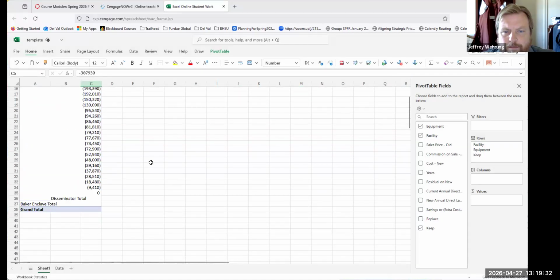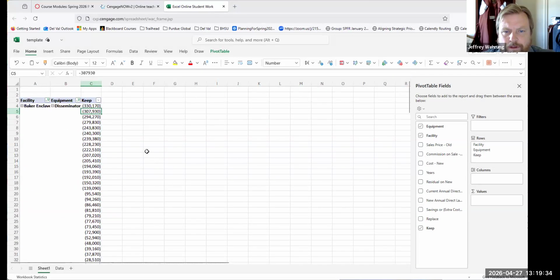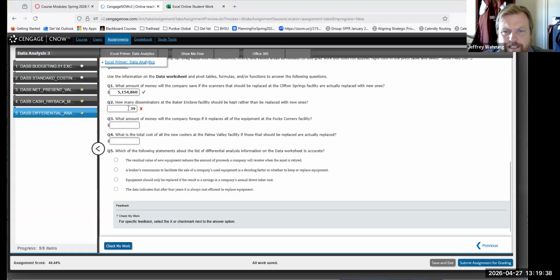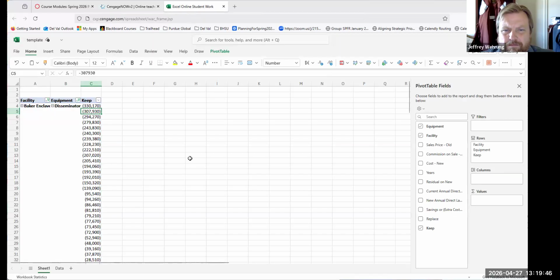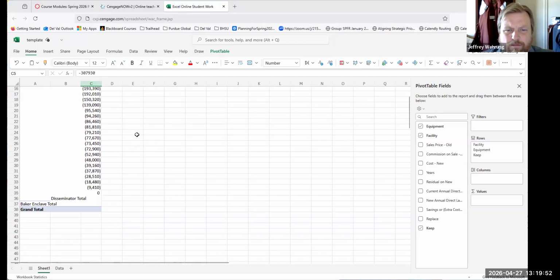Oh wow, that's a big number, huh? How many disseminators at the Baker Enclave facility should be kept rather than replaced with new ones? I don't know why that didn't give me the right number when I did the count of them.